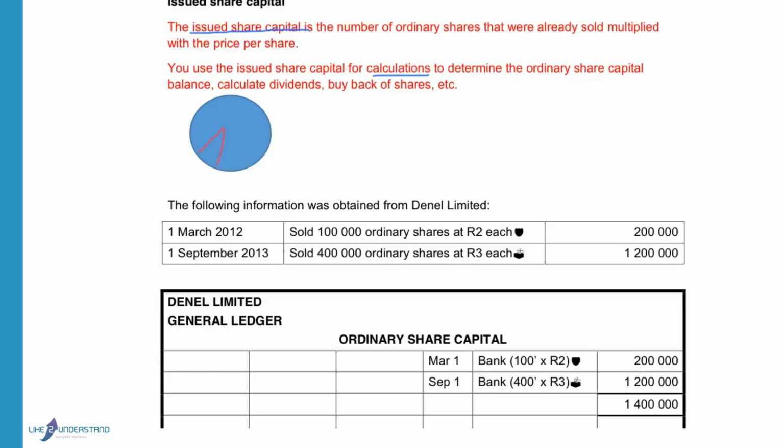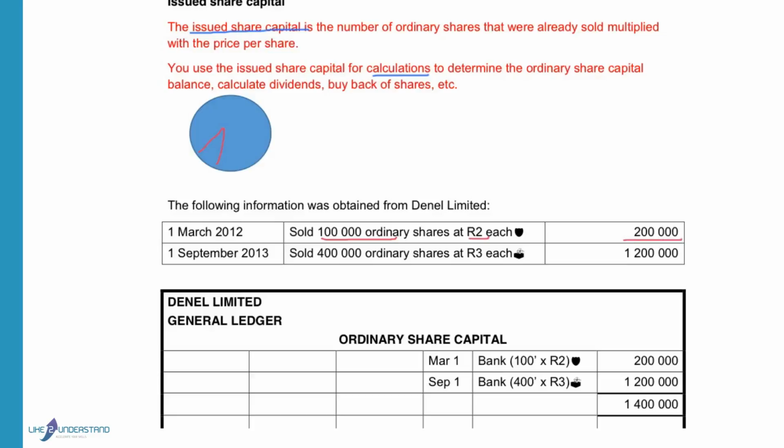When they did this entry on the 1st of March, they multiplied the number of shares that they sold, the 100,000, with the price per share, 2 rand, to determine that the total capital that they received from the shareholders at that time was 200,000 rand.